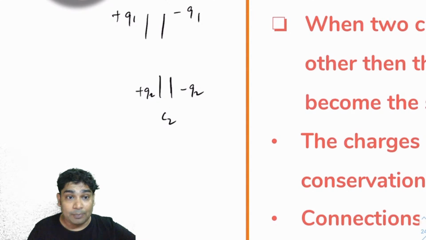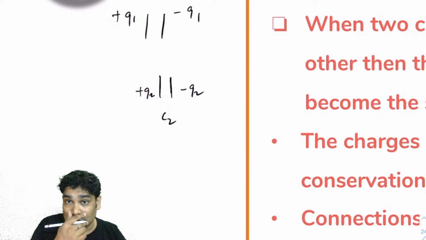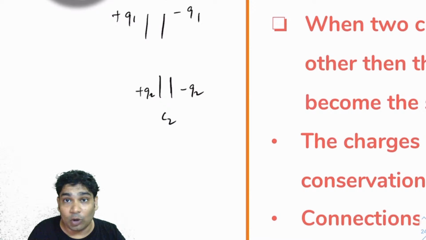Now, plates are conducting plates. Whenever you connect those two with wires, the plates gain equal potential.